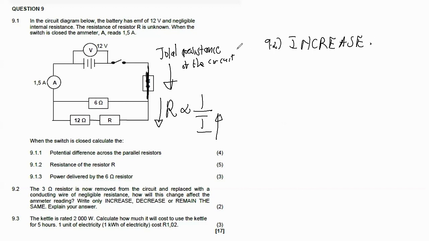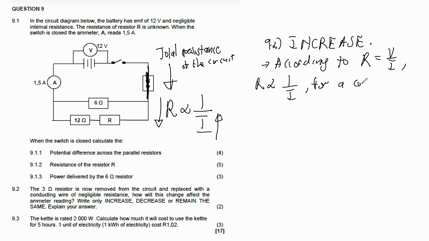And then what is our reason? Going to say, according to the formula R is equal to V over I, we know that resistance is inversely proportional to current for a constant voltage. So it is very important to state that that happens if we maintain that the voltage is the same, is constant, right?